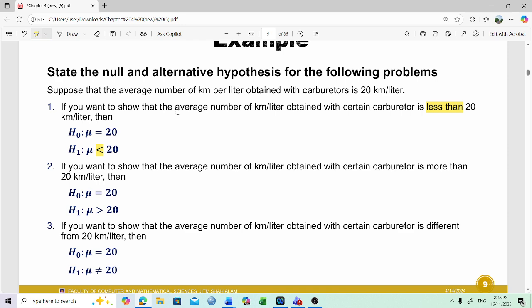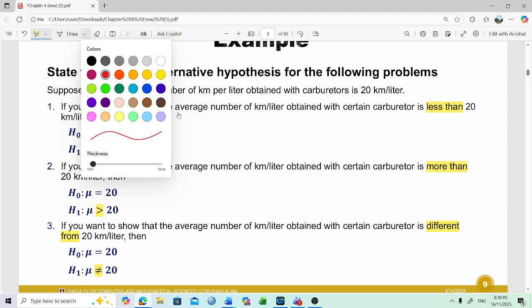Number 2. The scenario is still similar, it's just that it uses different keywords here. Number 2 is more than, so that's why the alternative is the greater than symbol. And example number 3 is different from, so that's why the alternative is the unequal symbol.